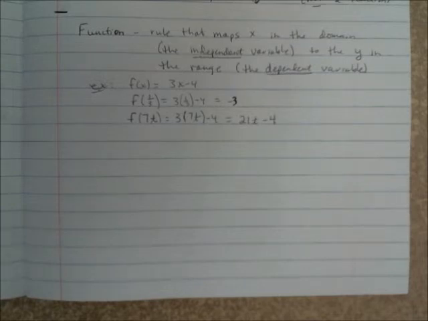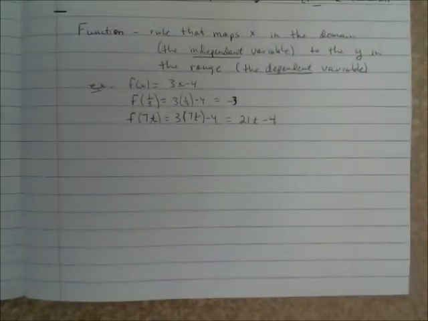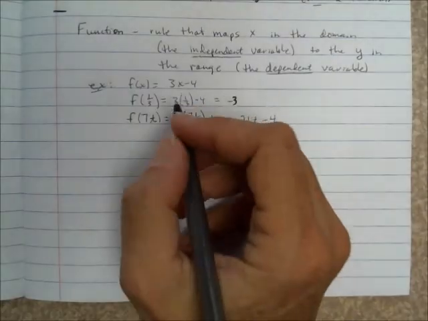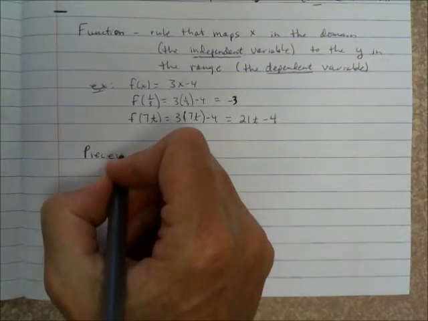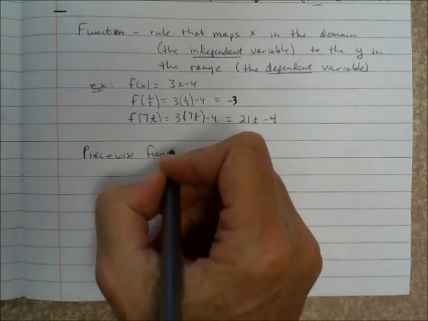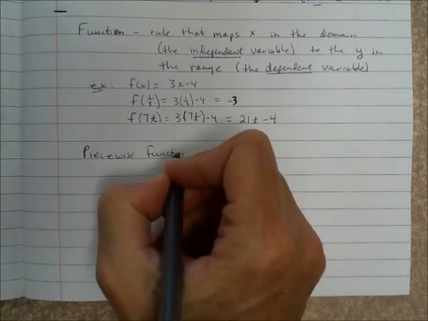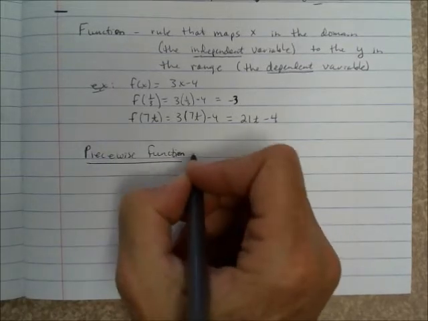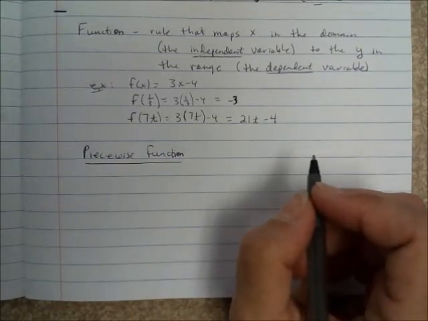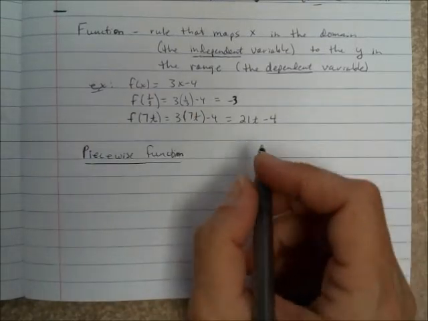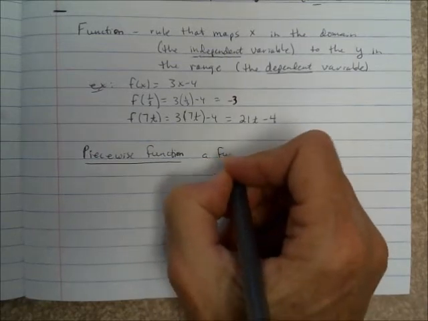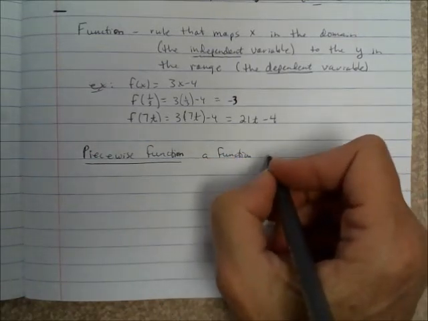Let me try to get this a little bit more focused for you. There. Now, this next kind of function is called a piecewise function. You may or may not have seen piecewise functions before in another math class, like in Algebra 2. And this piecewise function is just a function that, like its name says, is made up of a bunch of pieces. It's a function whose definition changes.